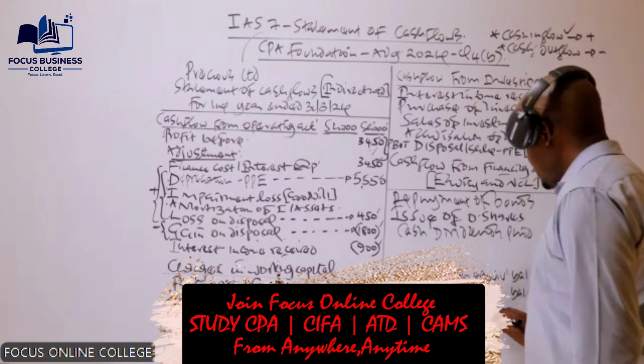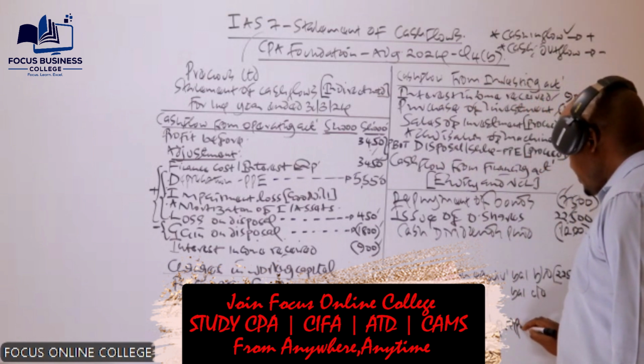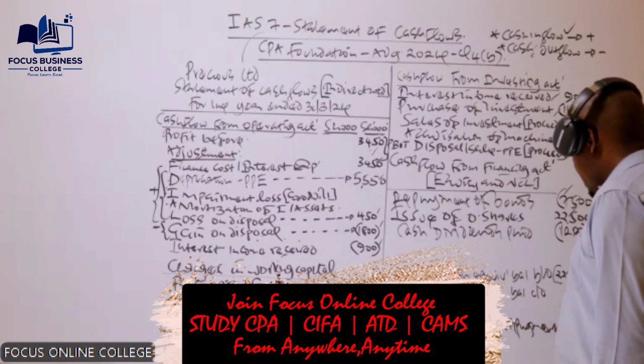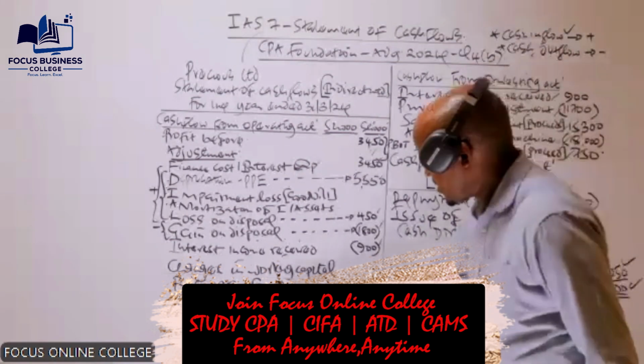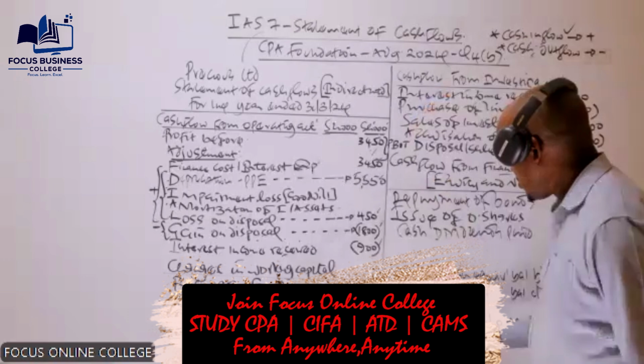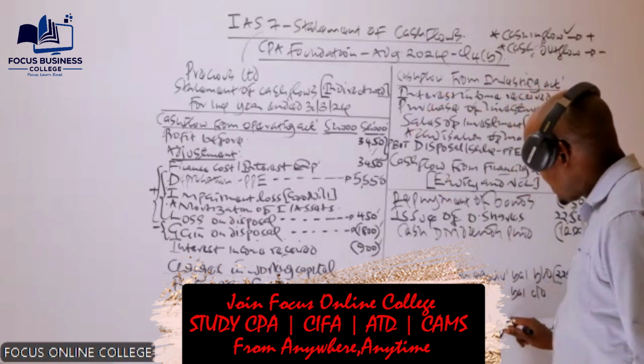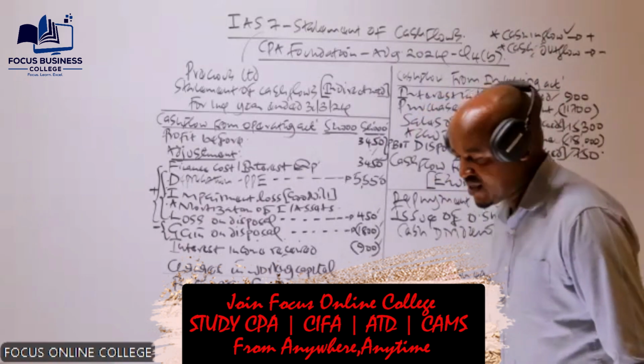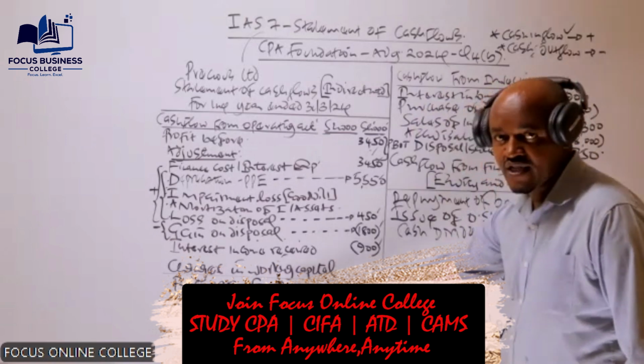If you're not given other receivables, the examiner will give you prepayments. Other receivables can also be known as prepayment. So what we consider here is the trade or account receivables and other receivables. In case you're given prepayment, you also have to consider it here.